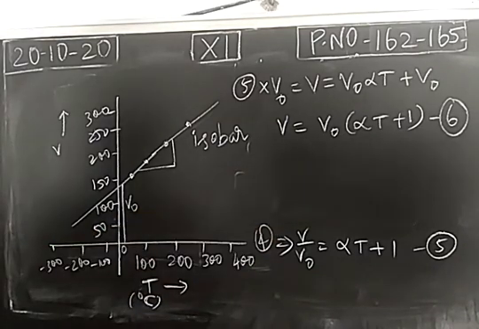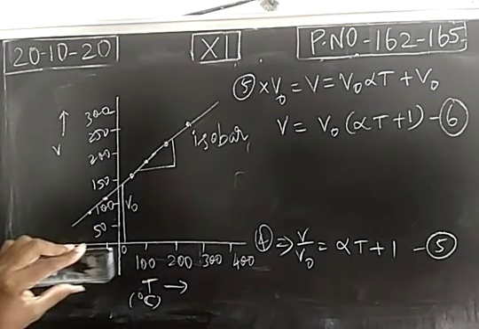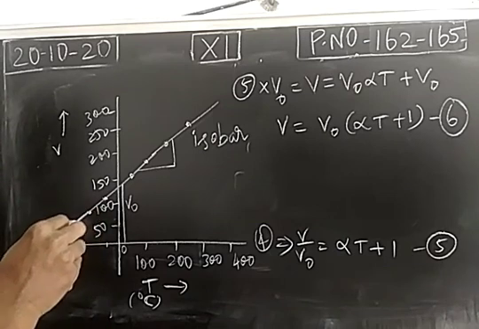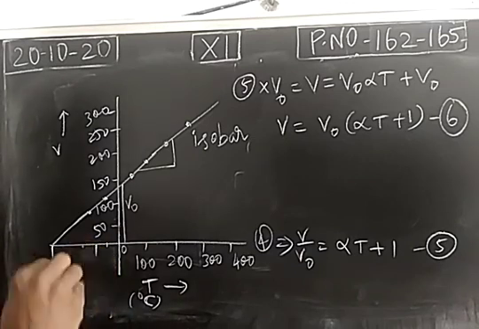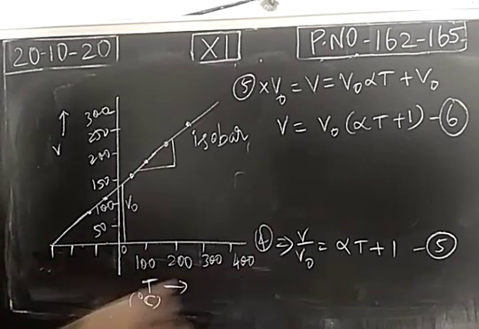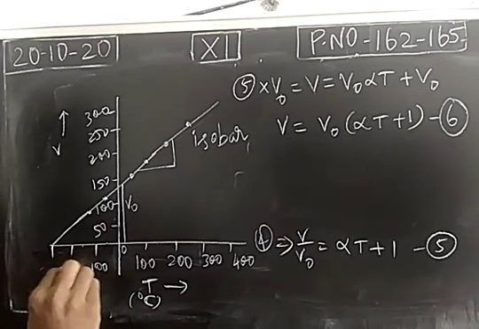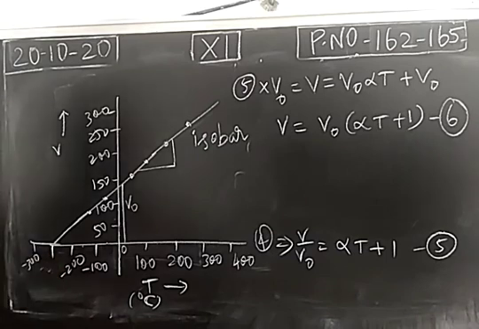Next, take the straight line and extrapolate it. When the straight line is extrapolated, it intersects at one particular temperature. The x-axis represents temperature, so here minus 100 degrees Celsius, minus 200, minus 300, like that.